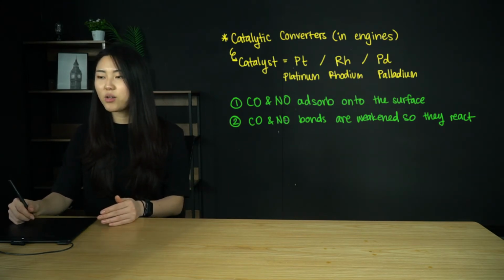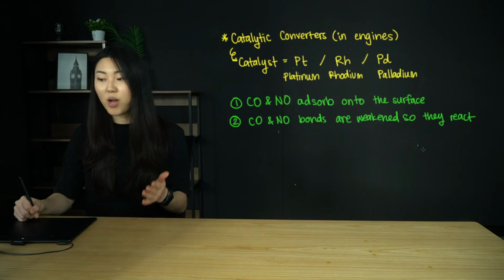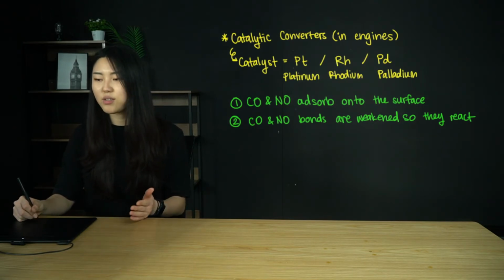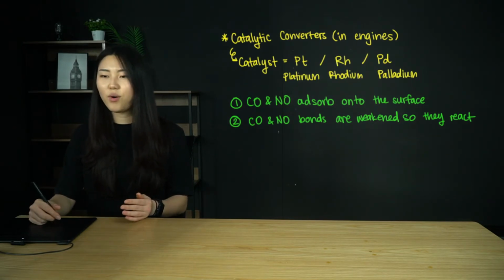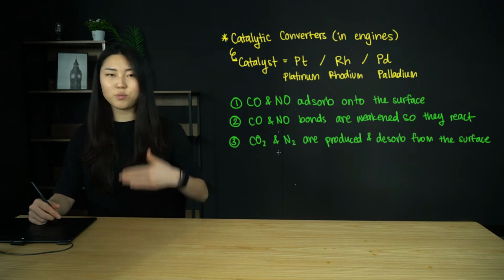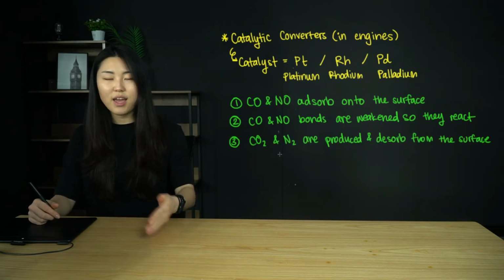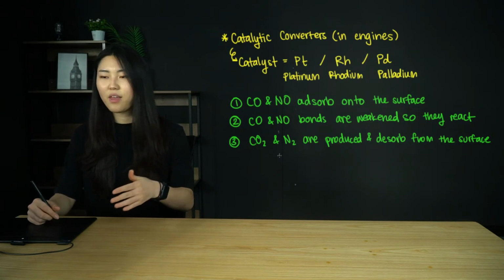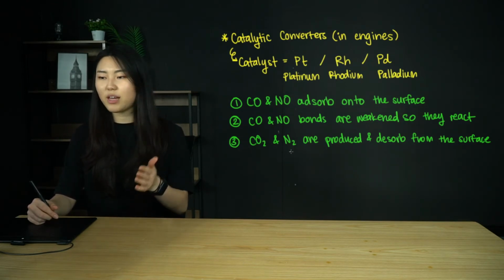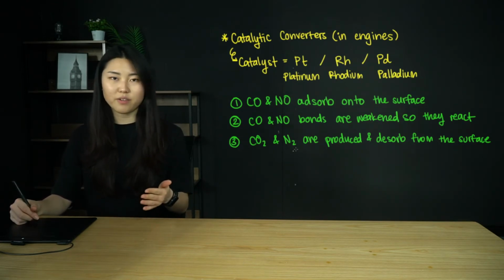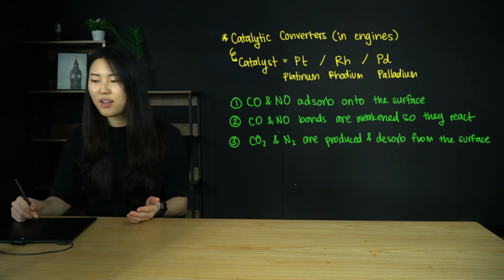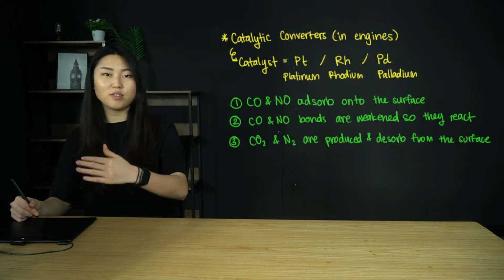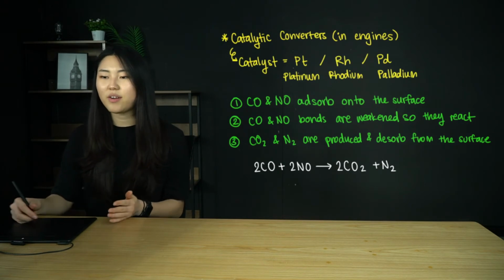So they are going to react. The carbon monoxide and nitrous oxide are going to react. After they react, they're basically going to produce carbon dioxide and nitrogen gas, and they're going to desorb from the surface because they are the products. This follows the surface adsorption theory, right?